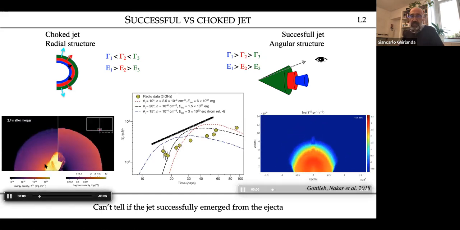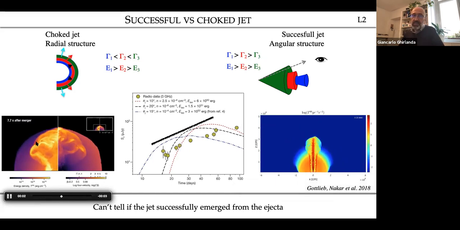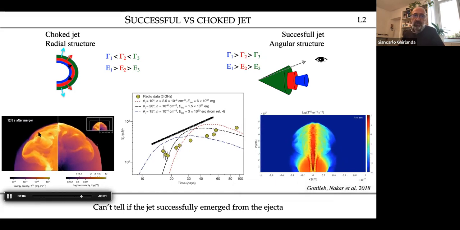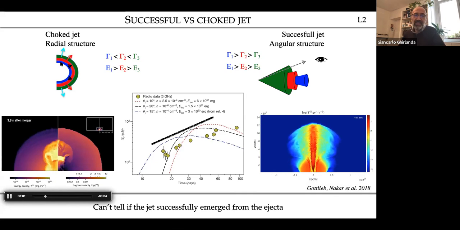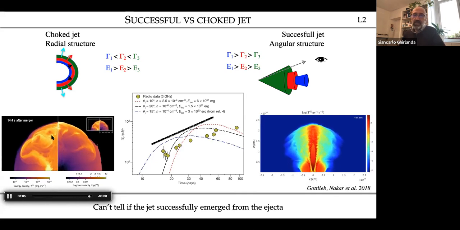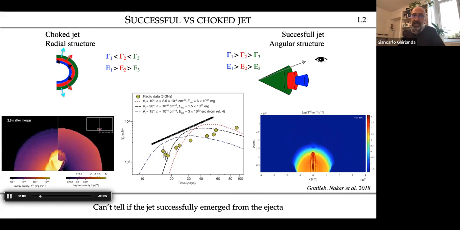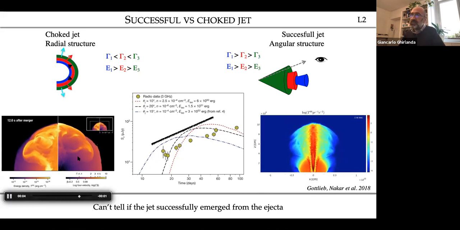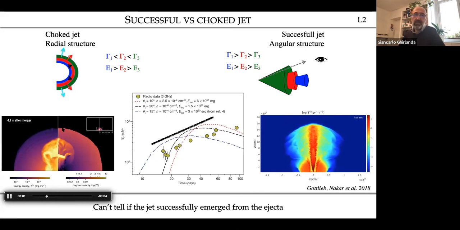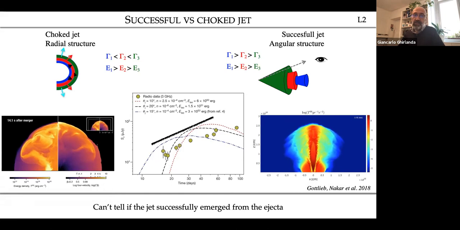In fact, if you think about a choked jet, you can imagine, as you see here, approximating, that even though the jet doesn't break out, the jet head deposits most of its energy within the ejecta, and it imprints, at least out to an angular scale which can be of the order of 60 degrees, so very large, an energy and velocity distribution.